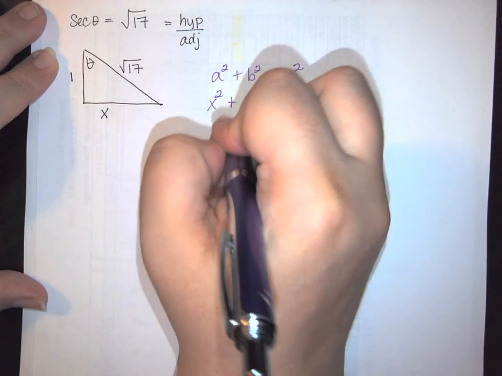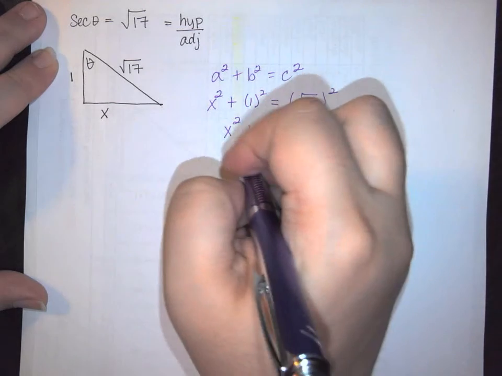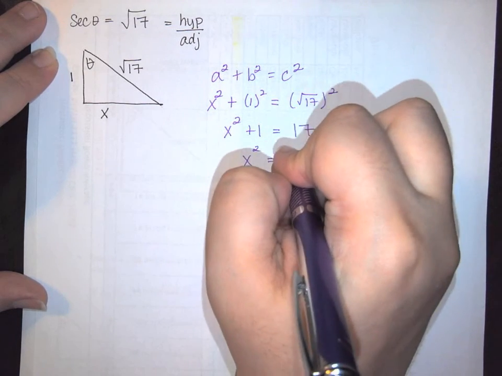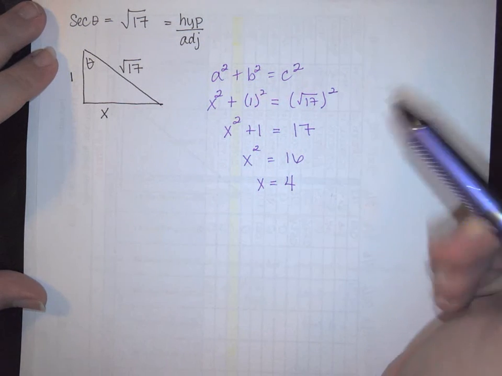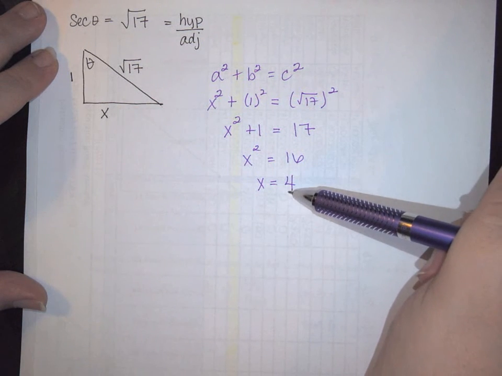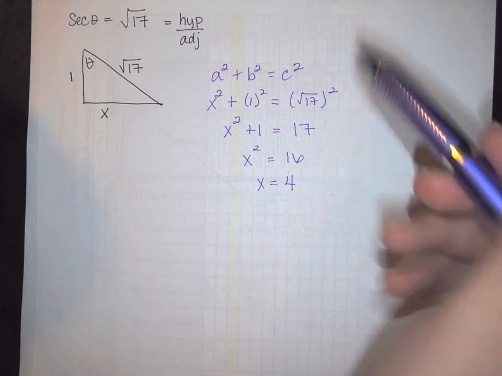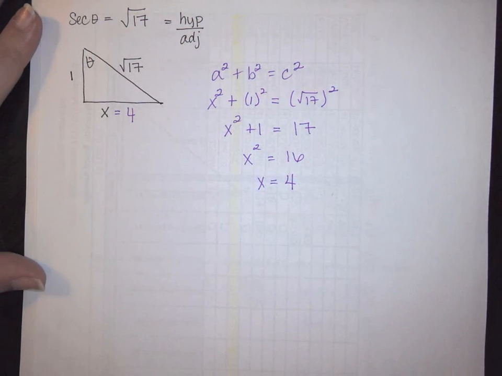So here I get x squared plus 1 equals 17. So I have that x squared equals 16, so x equals 4. Now notice I'm not including the plus or minus because when we're talking about a side length, you can only have a positive distance. So here this is going to be 4.